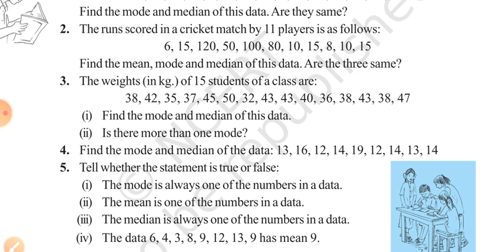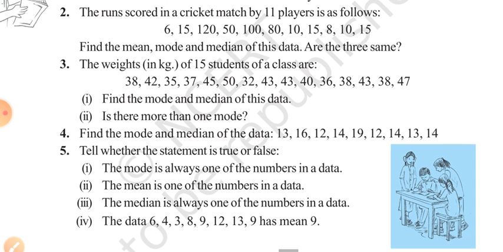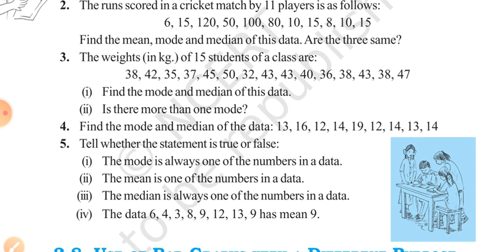The weights are given to you and you have to find the mode and the median again. Since here the 15 students are there, again the n is odd. So in the similar manner, first of all you will arrange the numbers in the ascending order, and after that you will find the median and the mode. And in the second you have to check, is there more than one mode?